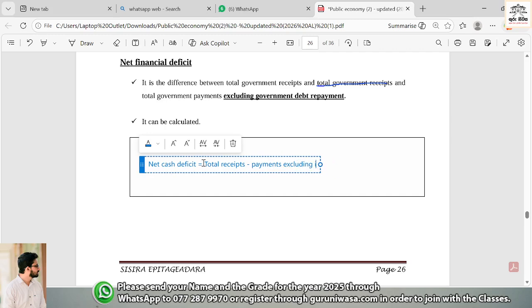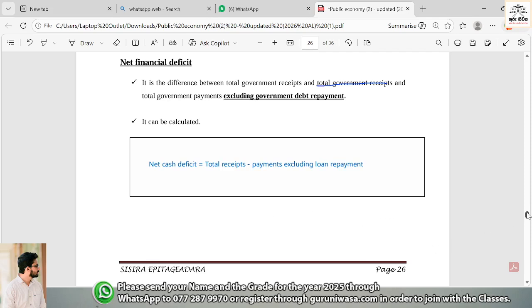Sorry, excluding loan repayment. Loan repayment. Repayment includes both the amortization part, or capital part, and interest.